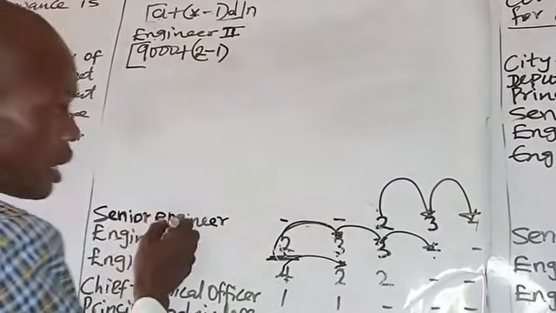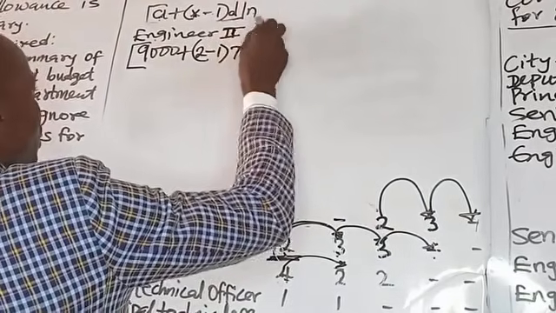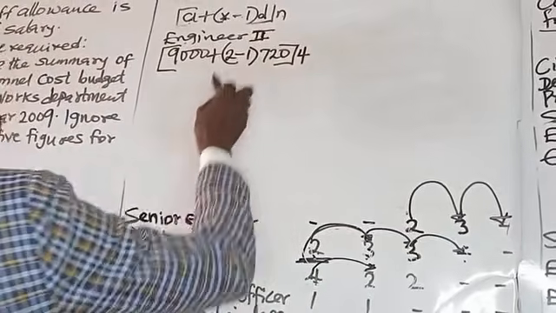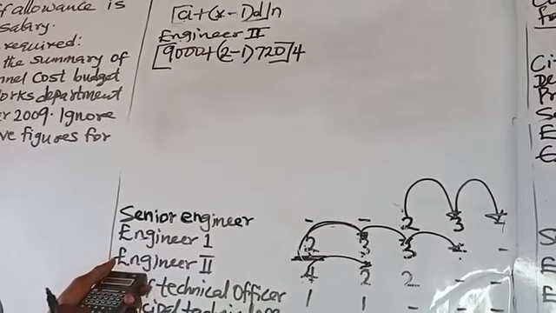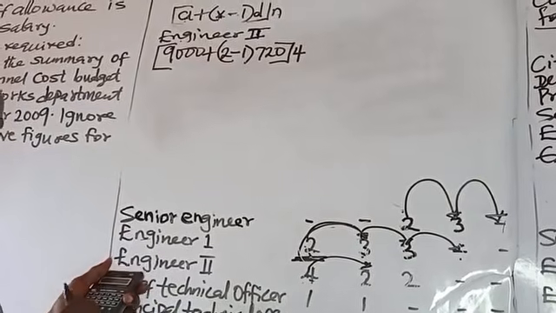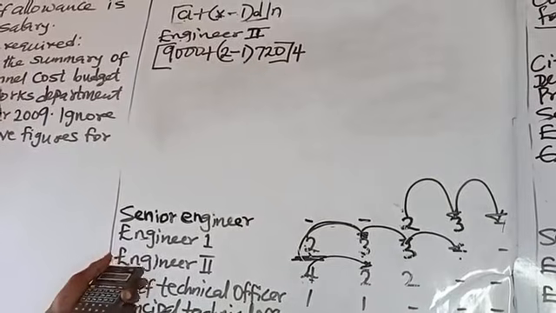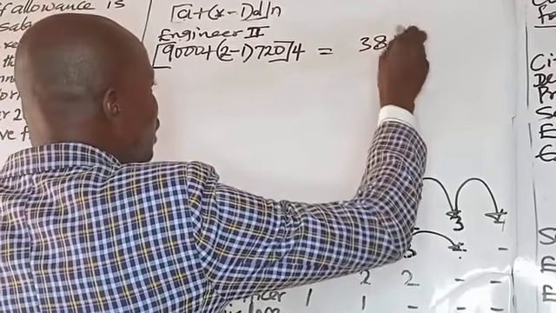Their salary increment is 720, and the number of employees is 4. So 2 minus 1, that will be 1. 1 times 720 will be 720 plus 9,000, which is 9,720. Times 4 employees, we have 38,880.